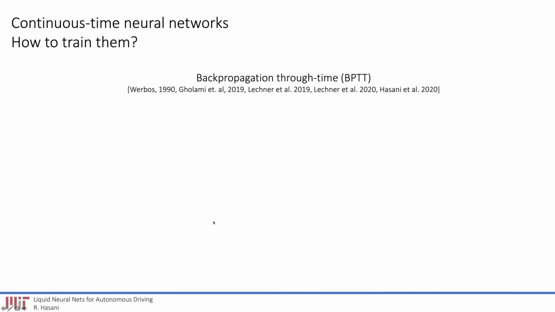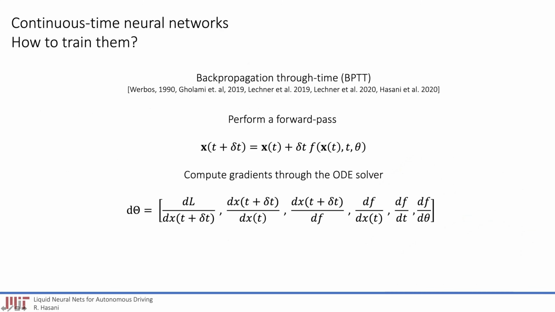There are also other methods like backpropagation through time, which is general for RNNs. How would you do that with backpropagation through time? We perform one forward pass, and then whatever your ODE solver was, here again we are showing a decomposition of an explicit Euler numerical solver, and we can compute the gradients of the loss. Using the chain rule, you can find the gradients of the loss with respect to your parameters and obtain your parameters.